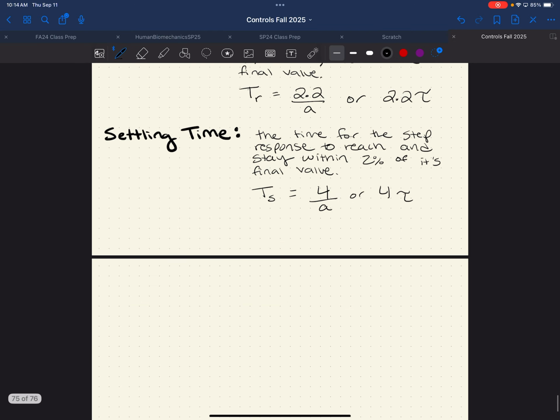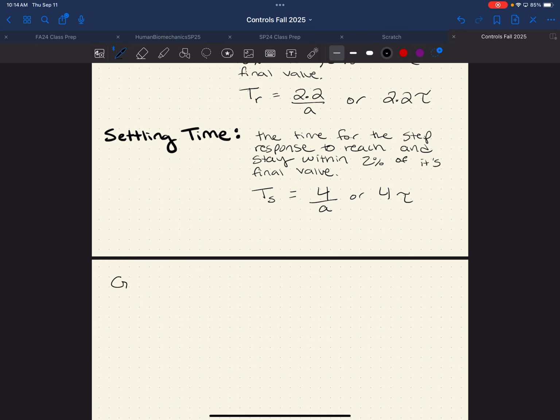All right, so if I were to give you a transfer function G equals 2 over S plus 2, what is my A in this transfer function? 2? Yep. And from there, I can define all other properties. So if we compare this to our form, A over S plus A, A must be 2 for us.